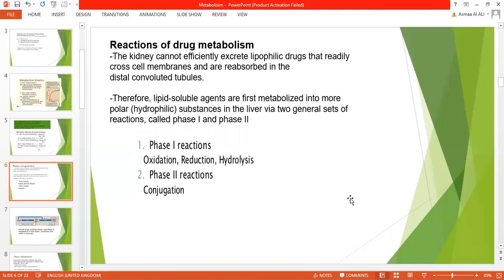Therefore, lipid-soluble agents are first metabolized into more polar hydrophilic substances in the liver via two general sets of reactions, which are called phase 1 and phase 2 reactions. Phase 1 reactions involve oxidation, reduction and hydrolysis of drugs, while phase 2 reactions involve conjugation of drugs. And we will be talking about each phase in detail.